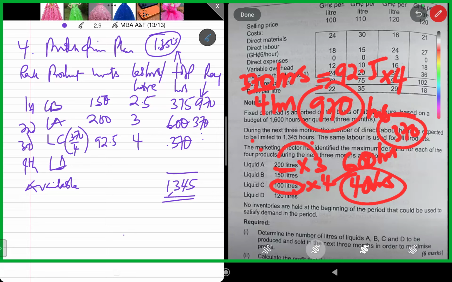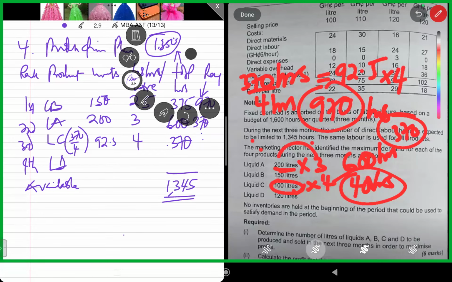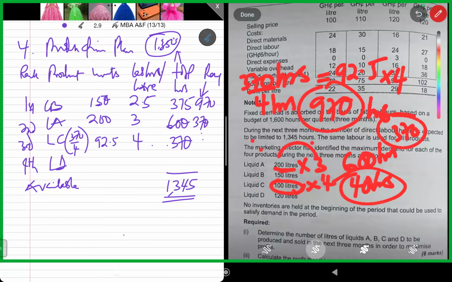The same applies to liquid B. We realize that we can produce all. We need 600 and we have 970 left. So if I divide the 600 by 3, I'll get the 200, which is the total. Are we okay? Yes.